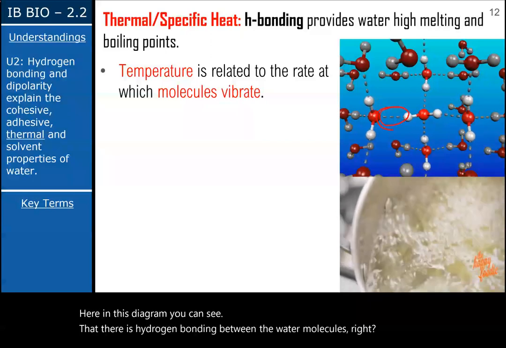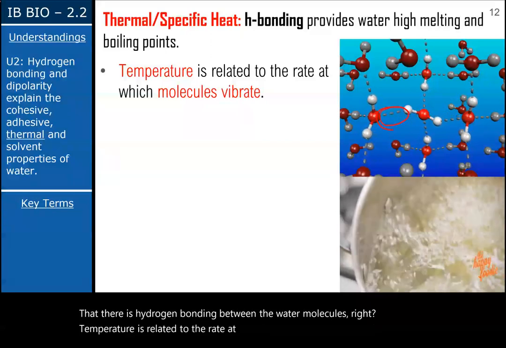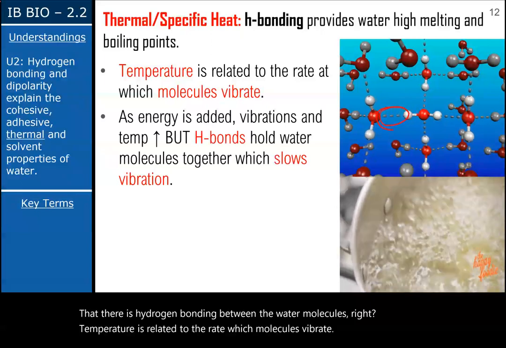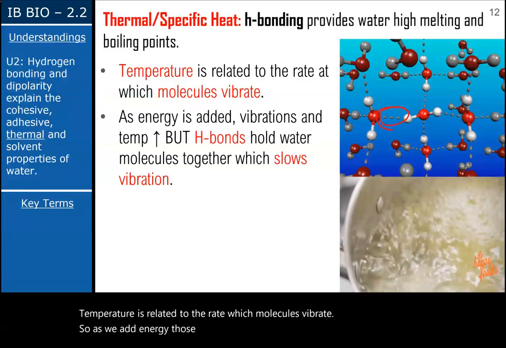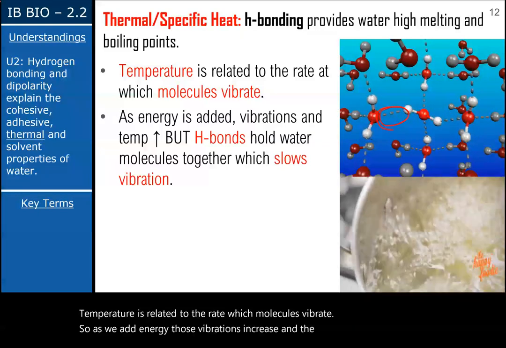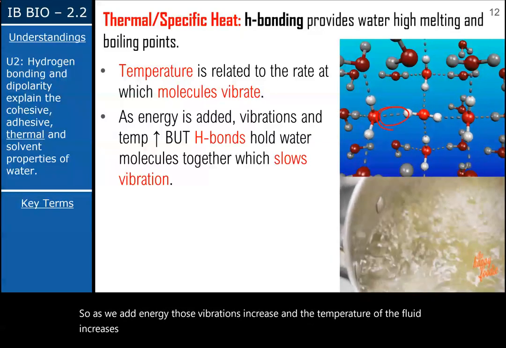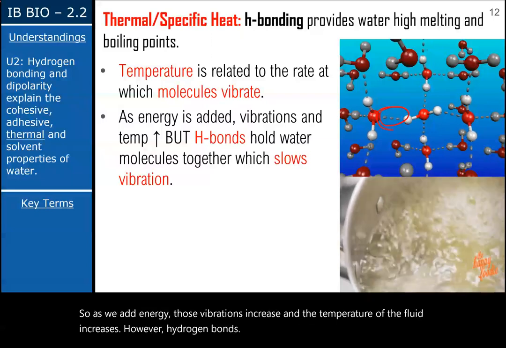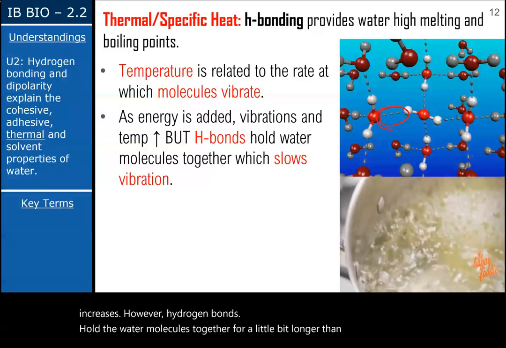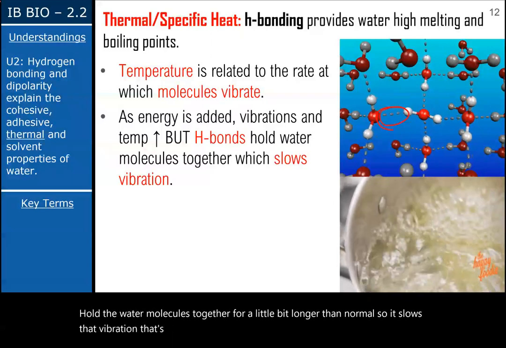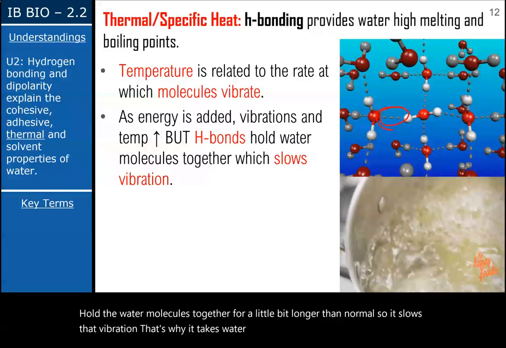Temperature is related to the rate at which molecules vibrate. So as we add energy, those vibrations increase and the temperature of the fluid increases. However, hydrogen bonds hold the water molecules together for a little bit longer than normal, so it slows that vibration. That's why it takes water so long to boil, right?